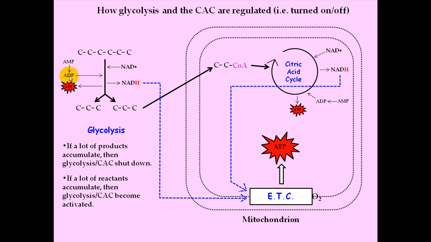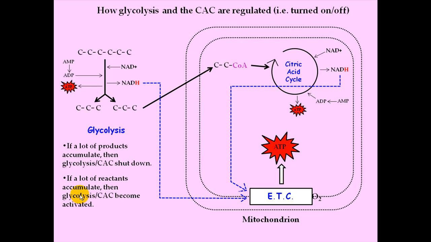You see here that ADP is required for glycolysis to happen. NAD is required in order for glycolysis to happen. The same thing with the citric acid cycle, right? Those are the reactants as well for the citric acid cycle, because NAD is required for it to occur. ADP is also required for it to occur.